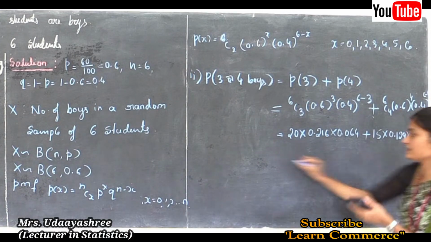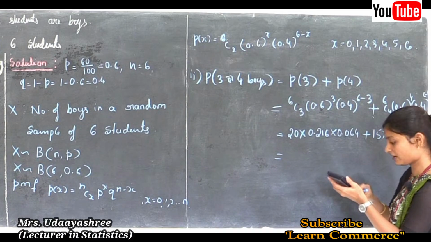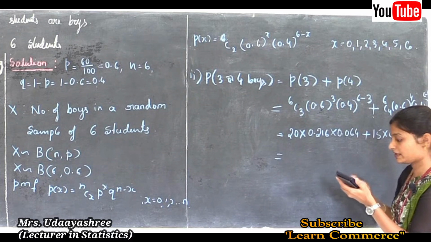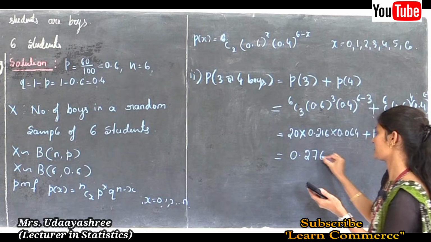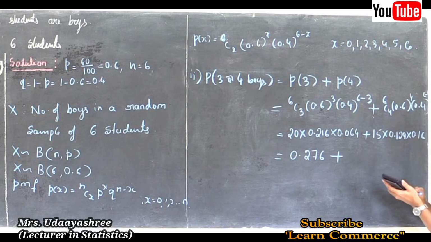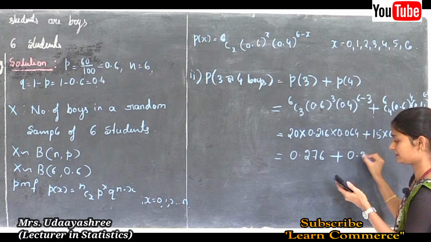0.16. Okay, this is equal to 20 into 0.216 into 0.064 is 0.276 plus here it is 15 into 0.129 into 0.16 is 0.30.